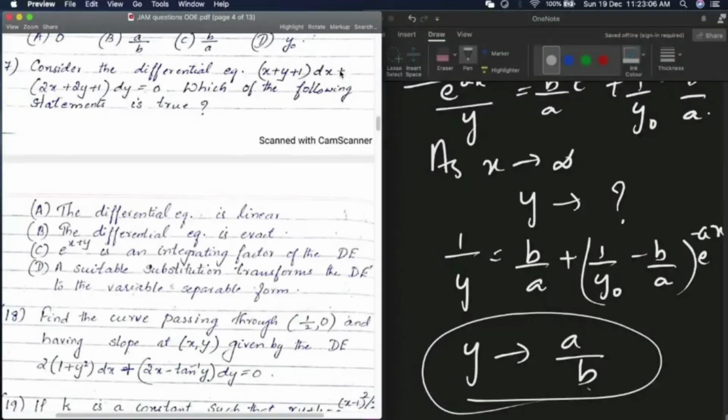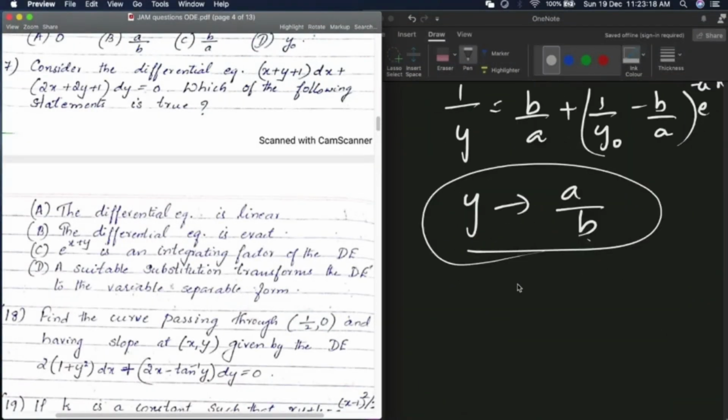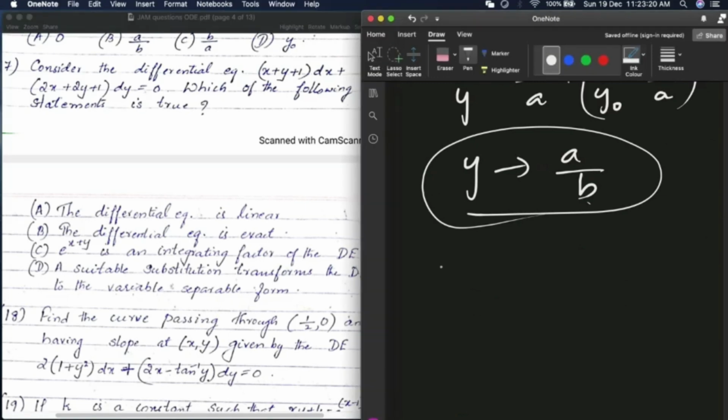e raised to x plus y is an integrating factor of the differential equation is what you have to check. So multiply by e raised to x plus y and see whether dou M by dou y is equal to dou N by dou x. That's the third thing that you can do. e raised to x plus y, your M becomes e raised to x plus y into x plus y plus 1.